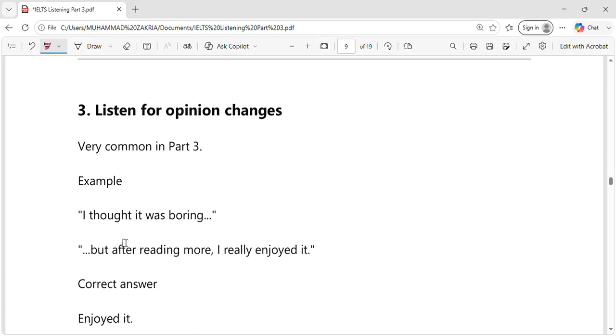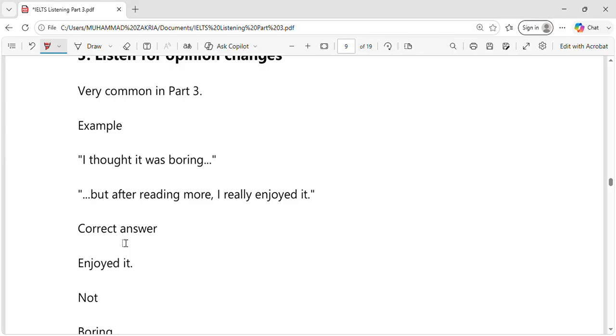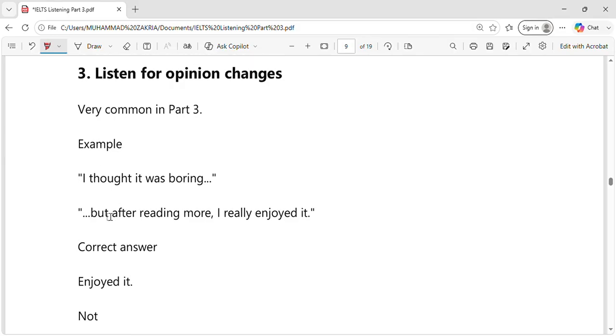Listening for opinion changes. When the speaker changes opinion, you must remember that. For example, you see: I thought it was boring, but after reading more, I really enjoyed it.